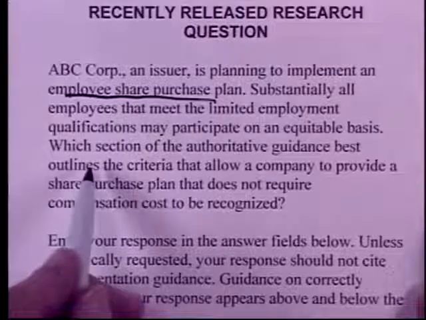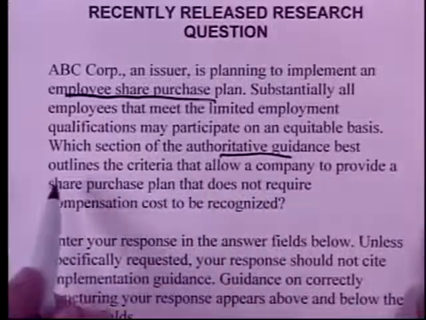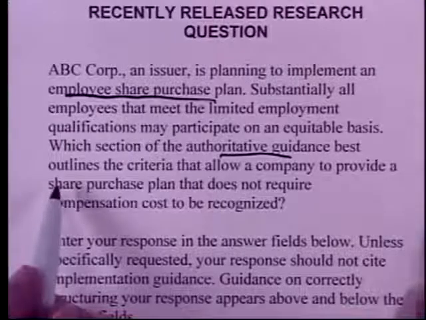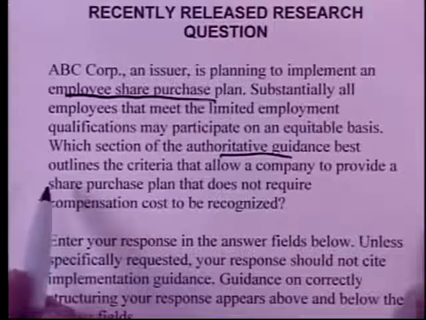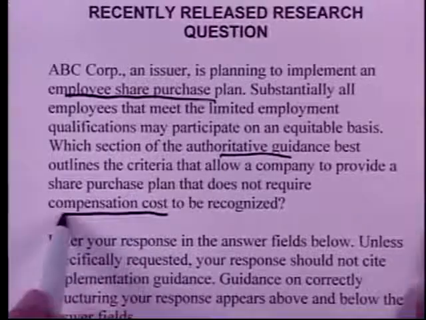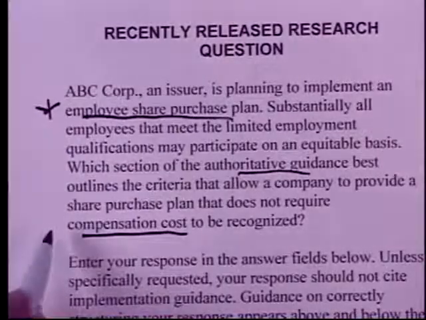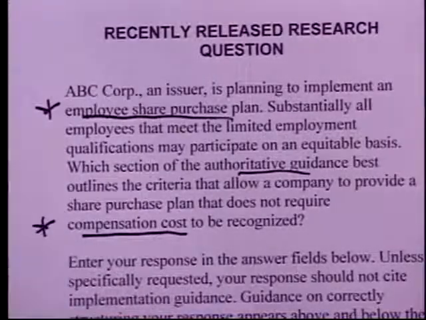Which criteria, there's your question, which criteria of the authoritative guidance, that's the ASC, best outlines criteria that allow the company to provide a share purchase plan that does not require compensation? So we've got 2 things here. Employee share purchase plan, does not require compensation.